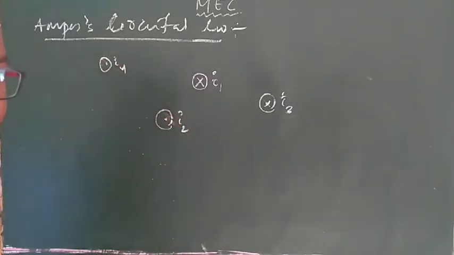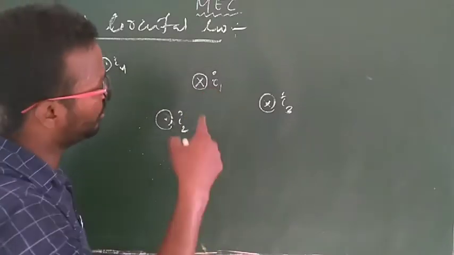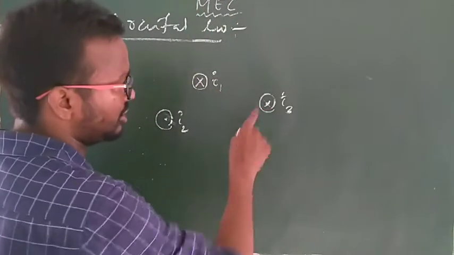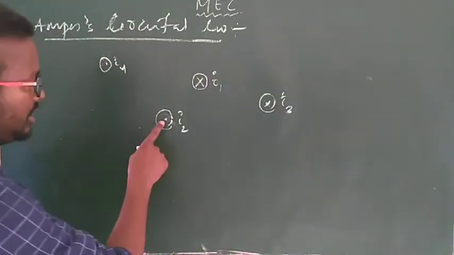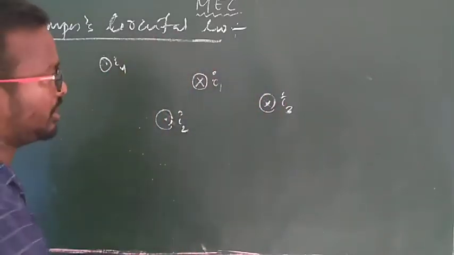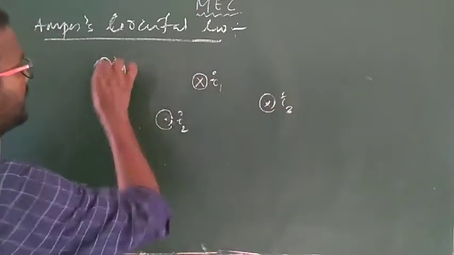What does it mean? This cross indicates that the direction of current is inward, perpendicular to this plane, and this cross also indicates the same, and this dot indicates that the direction of current is outward and perpendicular to this plane. But the magnitudes are I1, I2, and here I3 and here I4.